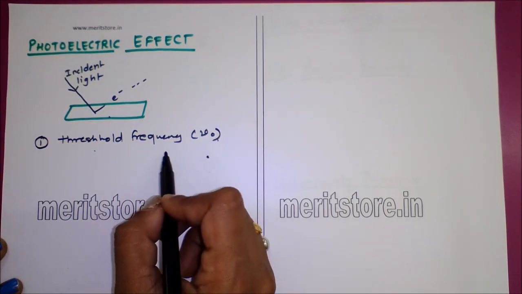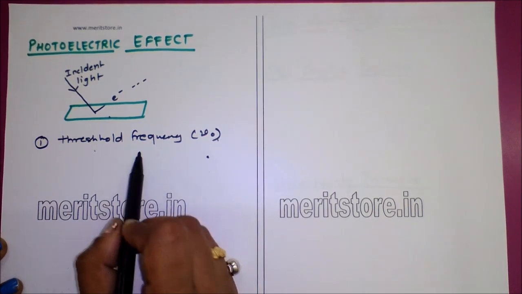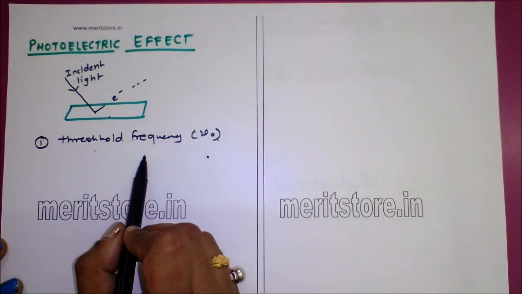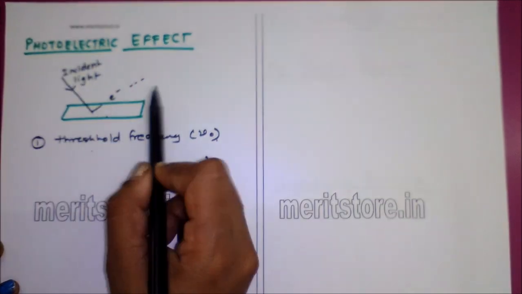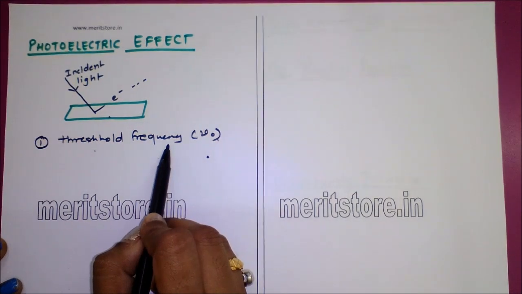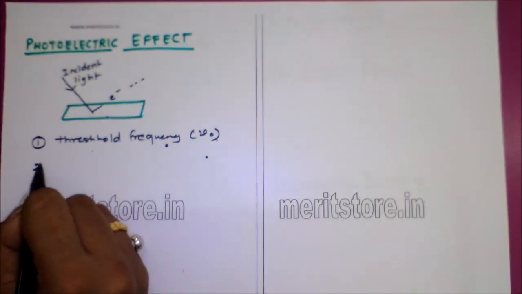If the light frequency is less than the threshold frequency, then it cannot eject the electron, no matter how long it falls on that particular surface and how intense it is. So in short, the electron ejection concept is totally dependent on the frequency and not the intensity or the time duration for which you expose the metal to that particular light.